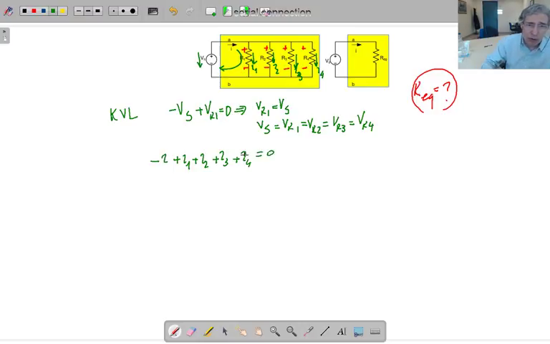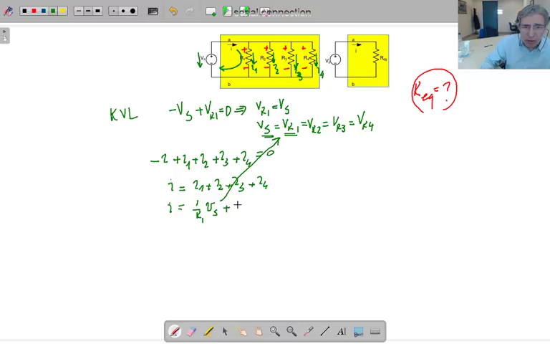If you move it to the other side, I is equal to I1 plus I2 plus I3 plus I4. Now this is a resistor current, isn't it? If I use the definition relation of this resistor, it's going to be 1 over R1 times Vs, since I know the VR1 value is equal to Vs. This is what I have done here.